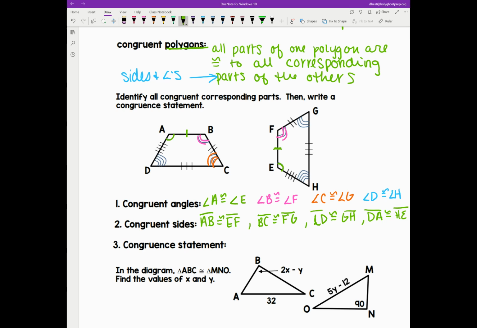We could have gone in whatever order, and remember your segments could go both ways. So we could have said BA congruent to FE.